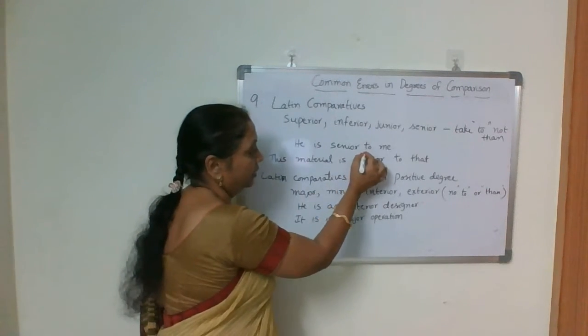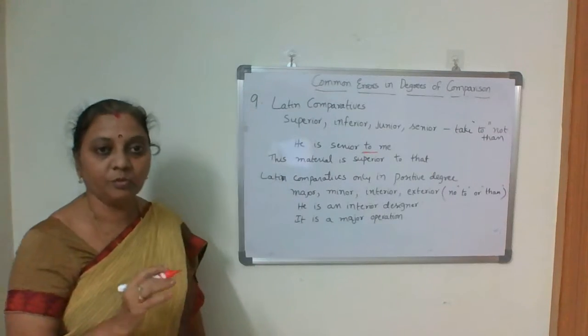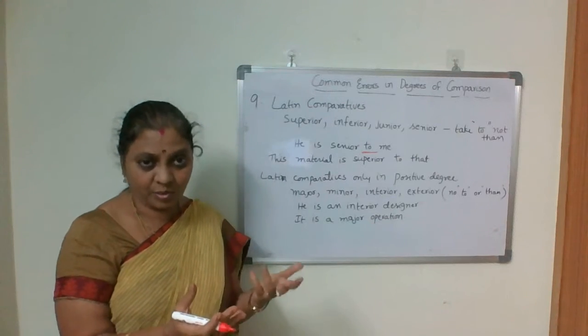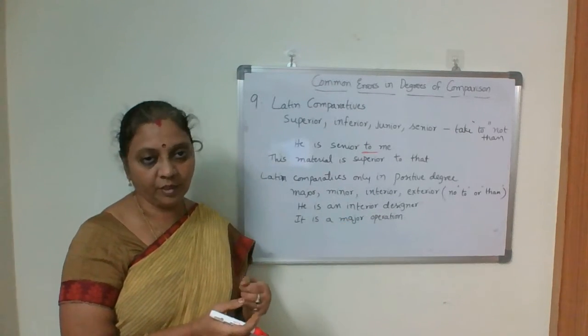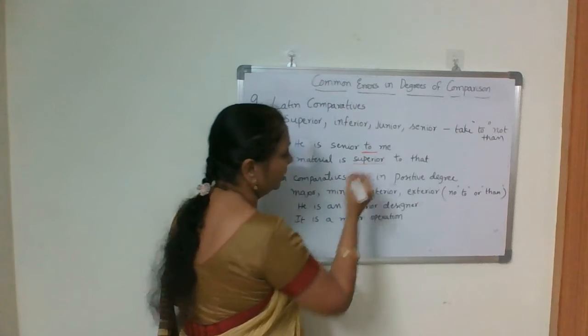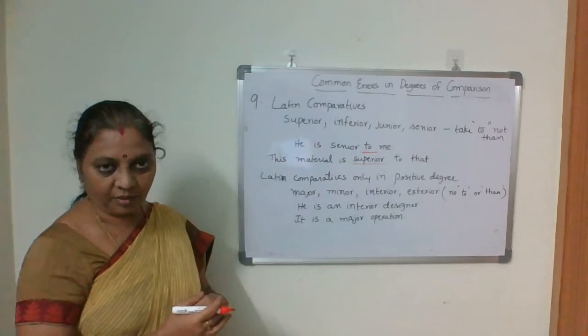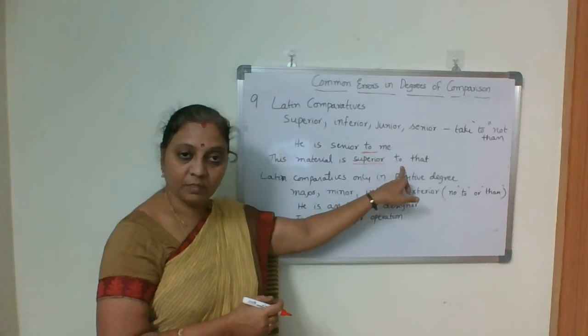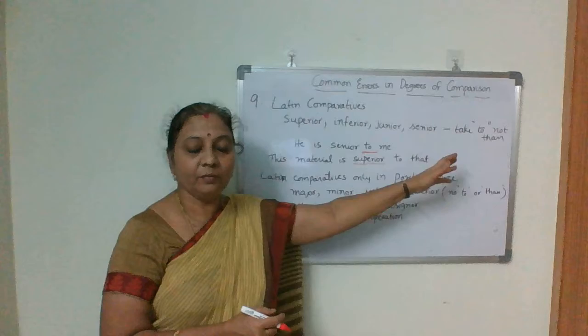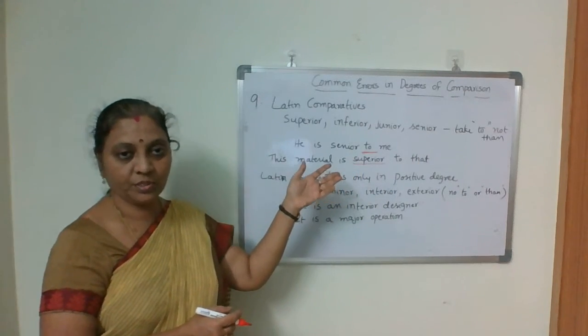This is important. So senior to, junior to. This material is superior to that material, this cloth is inferior to that cloth. If you want to talk about the quality, superior and inferior quality, then also it is followed by "to". Senior and junior are also followed by "to", and we don't take "more" and "most" in these cases.